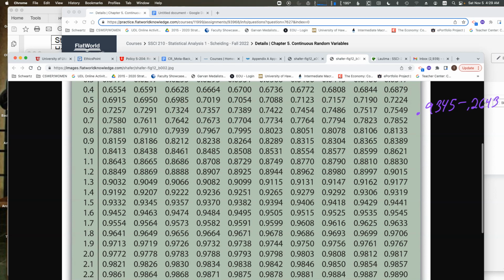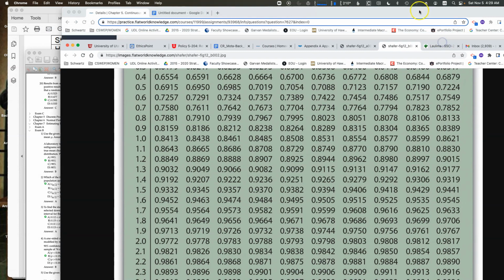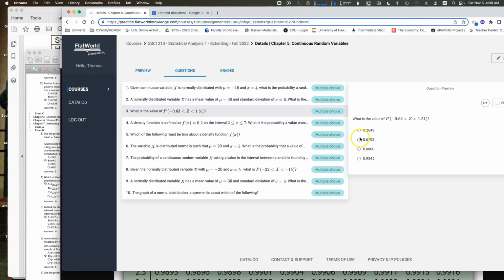So what I'm doing is subtracting the two z-score probabilities. And that's going to equal 0.6702. Okay. There we go.